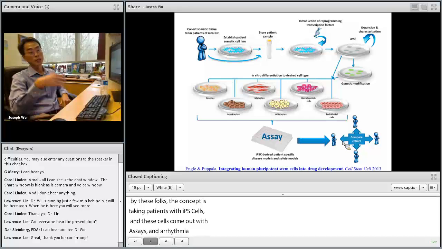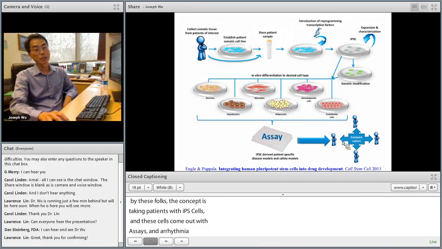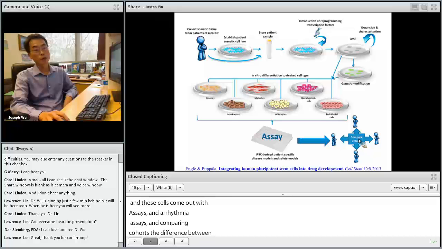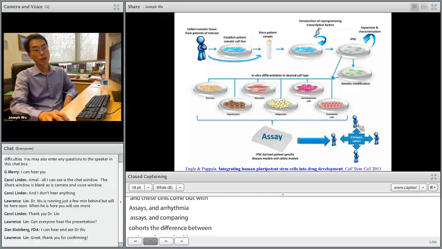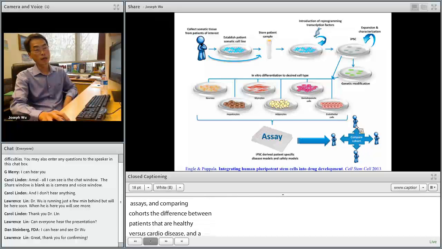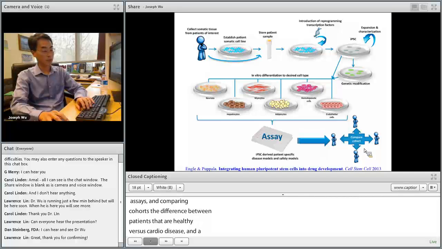Cohorts means the difference between patients who are healthy versus patients who have cardiovascular disease, difference between women and men, difference among Caucasians, Asians, Hispanics, African Americans, and so forth.